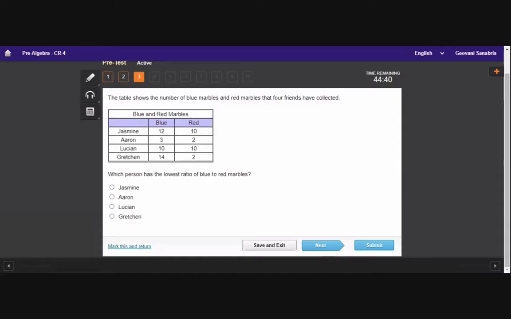I was just going to write them down so I don't get mixed up. That's what I got. So I think it'd be Lucian. It should be the lowest. Yeah. Lucian.